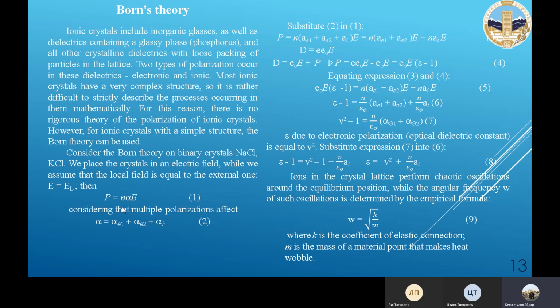Then we have the formula of polarization, and considering that multiple polarizations affect this one, and substituting 2 and 1, we get this formula. Equating the expressions of formulas 3 and 4, we get these formulas.